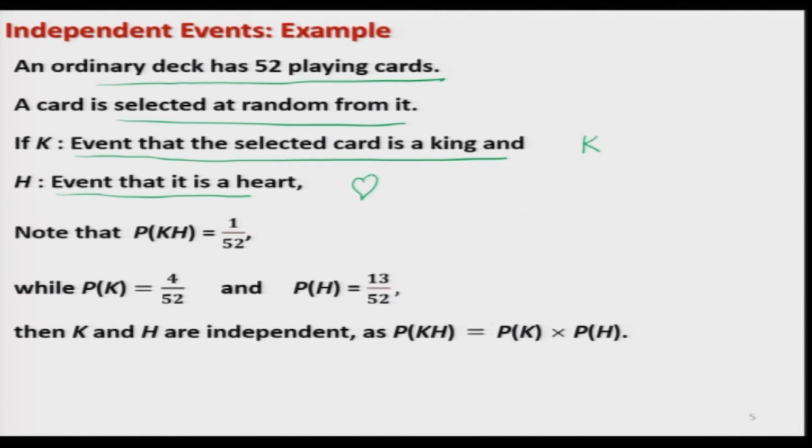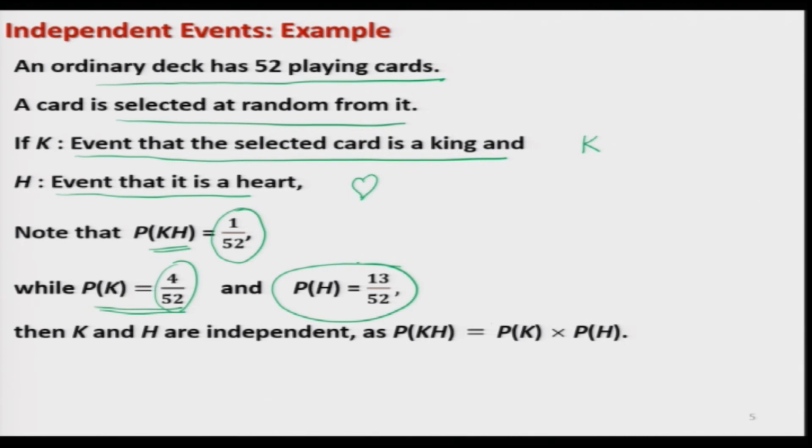The probability of K intersection H is 1 upon 52. The probability of K, finding a king, is 4 out of 52. The probability of H is 13 upon 52.